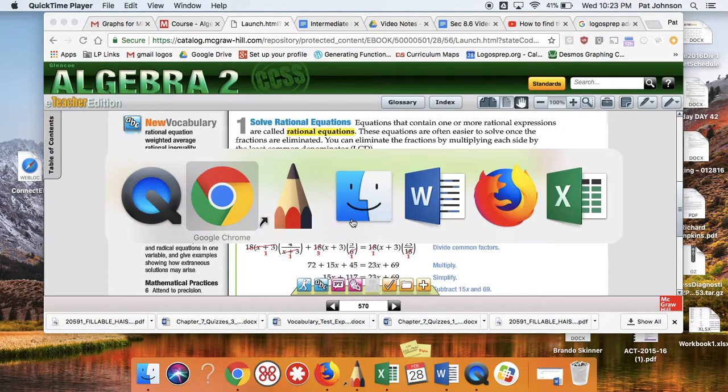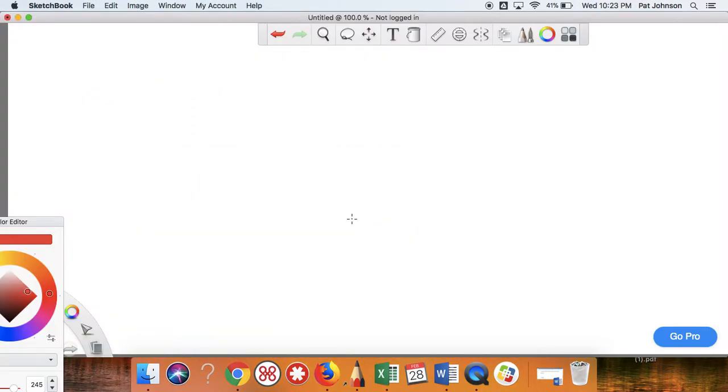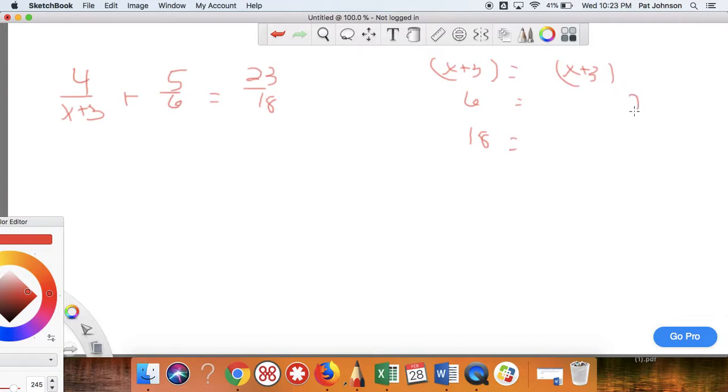Example 1 is 4 over x plus 3 plus 5 over 6 equals 23 over 18. The first thing is we look at all the denominators, x plus 3, 6, and 18. We're going to prime factor them. 6 is 2 times 3, and 18 is 2 times 3 squared.